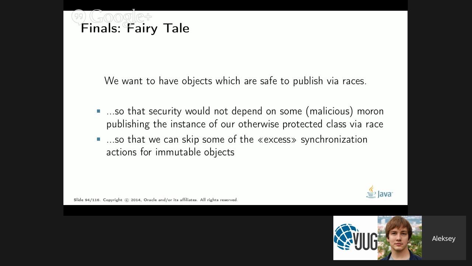So our internal invariants in our objects would not be violated if our users misbehave, either maliciously or without intent. Or, and this is not the main target for finals, we want to skip some of the excess synchronization for immutable objects. But the first motivation is security. We want to have some instance which is safe by construction, regardless of how you abuse it.